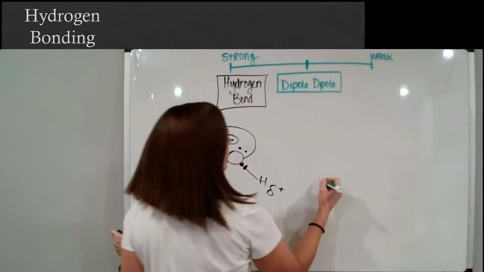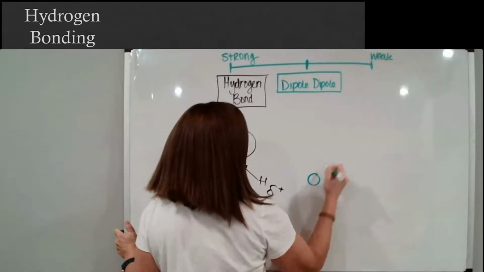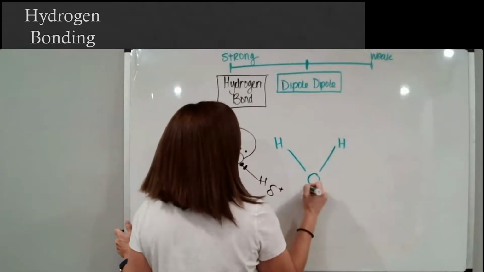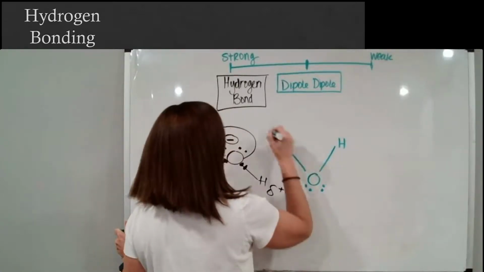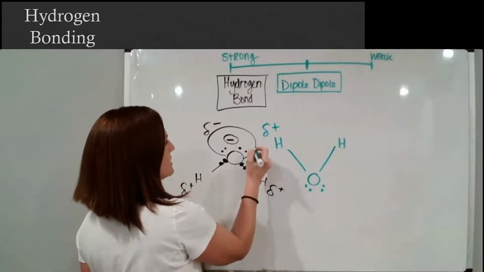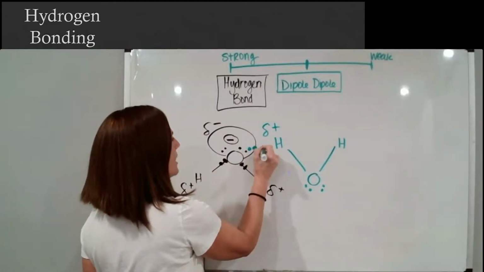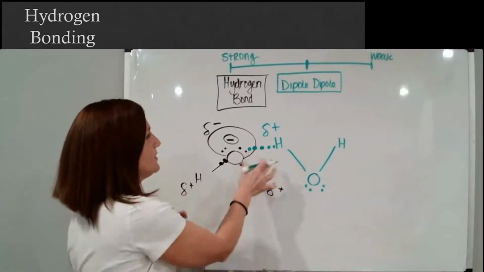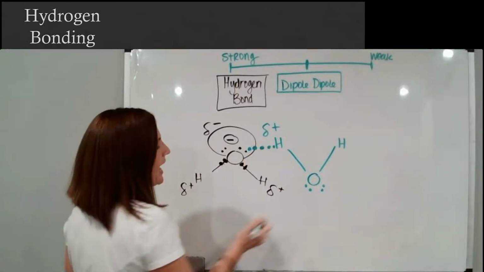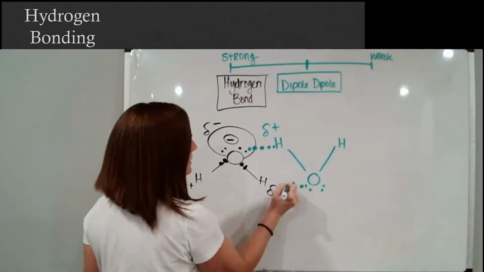So we're going to get another water molecule over here. And just like with dipole-dipole, it's going to arrange itself so that the partial positive regions are near the partial negative regions. And we're going to get this attraction right here between the lone pairs on oxygen and the hydrogens. And the same thing is going to happen here.